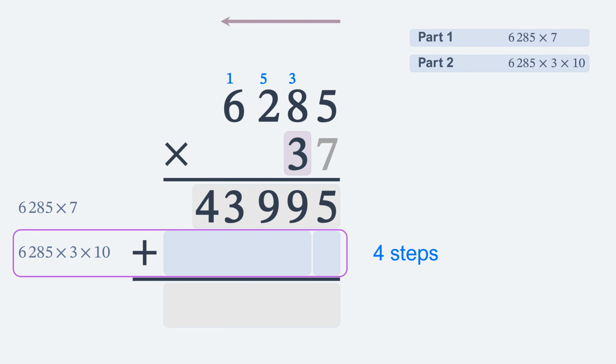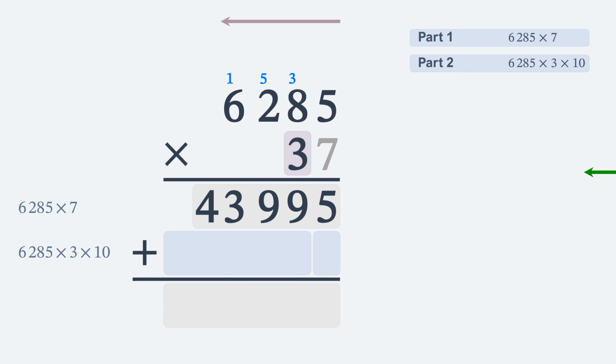So the first answer line comes from our first bottom digit, and the second answer line will come from our second bottom digit. Since the second digit of the bottom number is in the tens place, that means that even though the digit is only a 3, its value is really 30. That's 10 times bigger, so the answer we get will also be 10 times bigger.